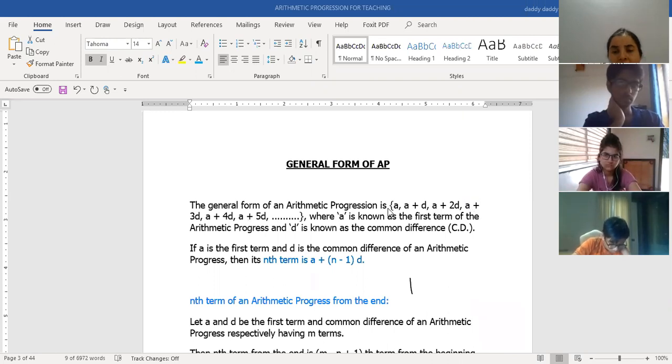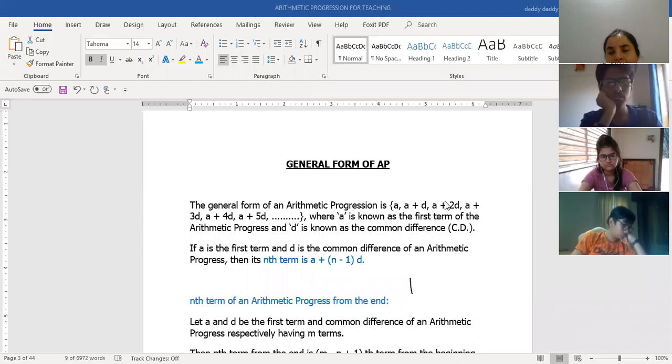So that means in your first term only A is there, and your D starts appearing from the second term and not the first term. So A is your first term, A plus D is the second term, A plus 2D is the third term, and so on. So you see over here, A plus D is your second term. So if the second term is there, D is attached with number 1.